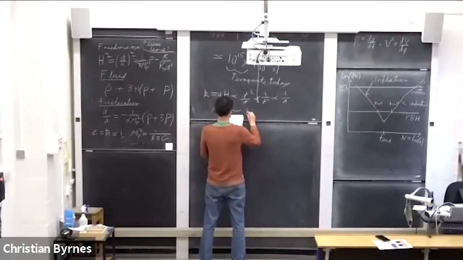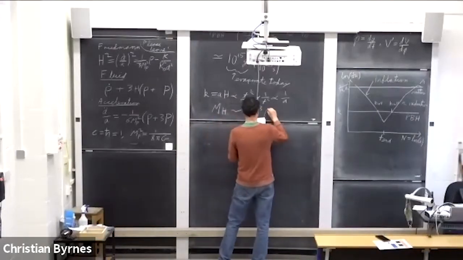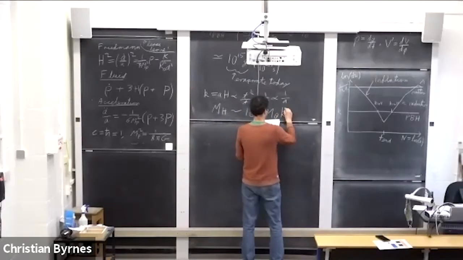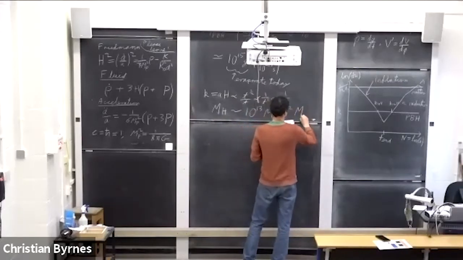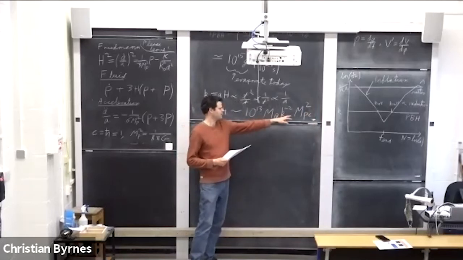Roughly speaking, when you substitute in the values, this is 10 to the 13 solar masses times k to the minus 2, with k in units of inverse megaparsec.